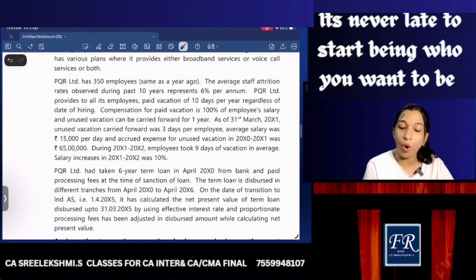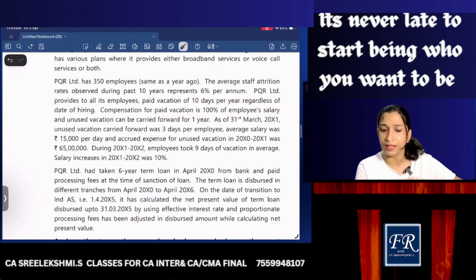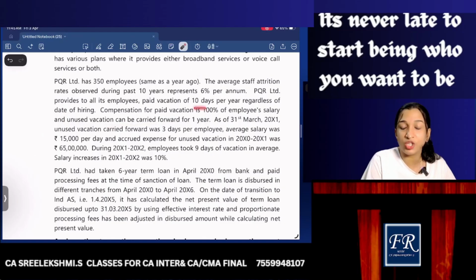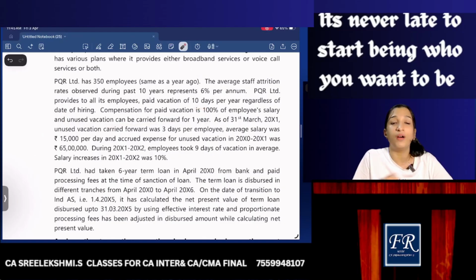PQR provides all its employees paid vacation of 10 days per year regardless of the date of hiring. Compensation for paid vacation is 100% of employee salary. If you take vacation for 10 days, you will be getting 100% of salary. And unused vacation, if you are unable to take this vacation in the current year, you can carry it forward and next year you can take 20 days.